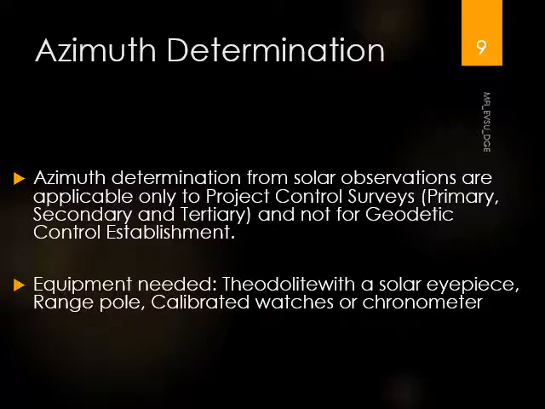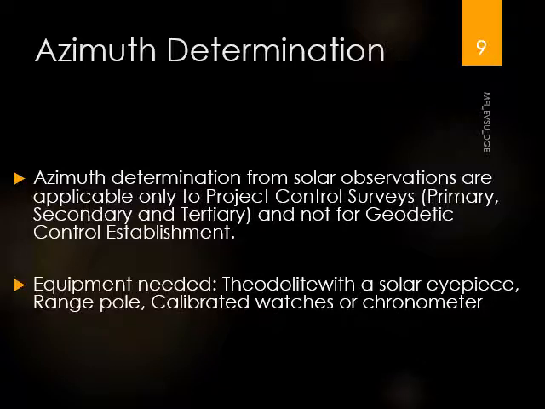So kung example nagsisurvey ka sa malayong area and walang existing control, hindi ka maka-connect ng referensyo, you conduct a solar observation because yung azimuth na nahukompute mo is a true azimuth na ng line, as long as you perform the solar observation well with accuracy.